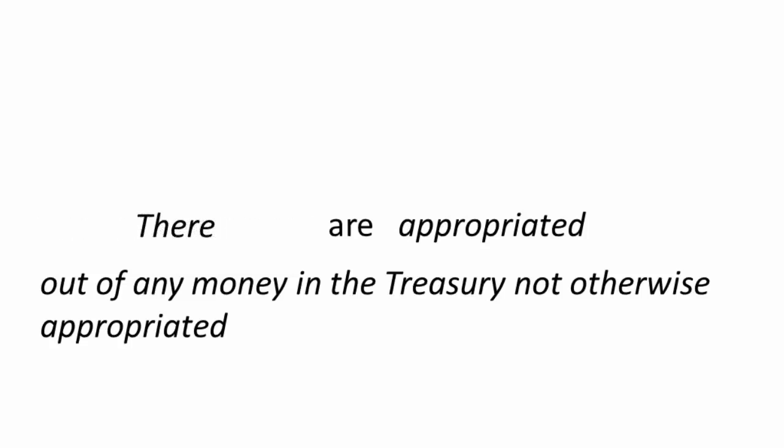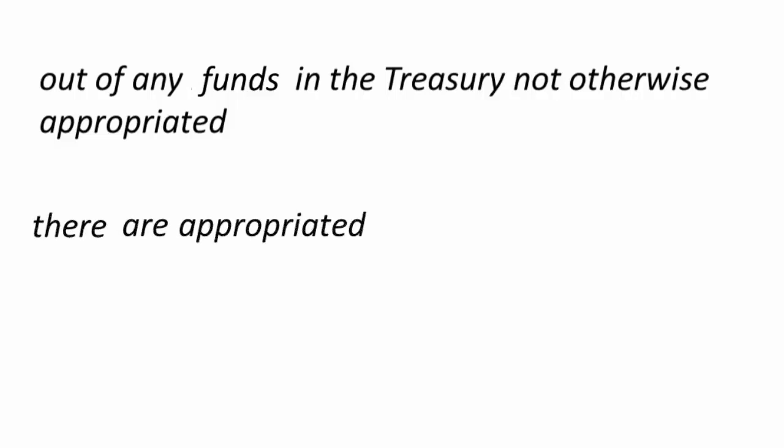You may see "there are appropriated," or "there is appropriated," or even "there shall be appropriated," followed by "out of any money in the Treasury not otherwise appropriated," or "out of any funds in the Treasury not otherwise appropriated."